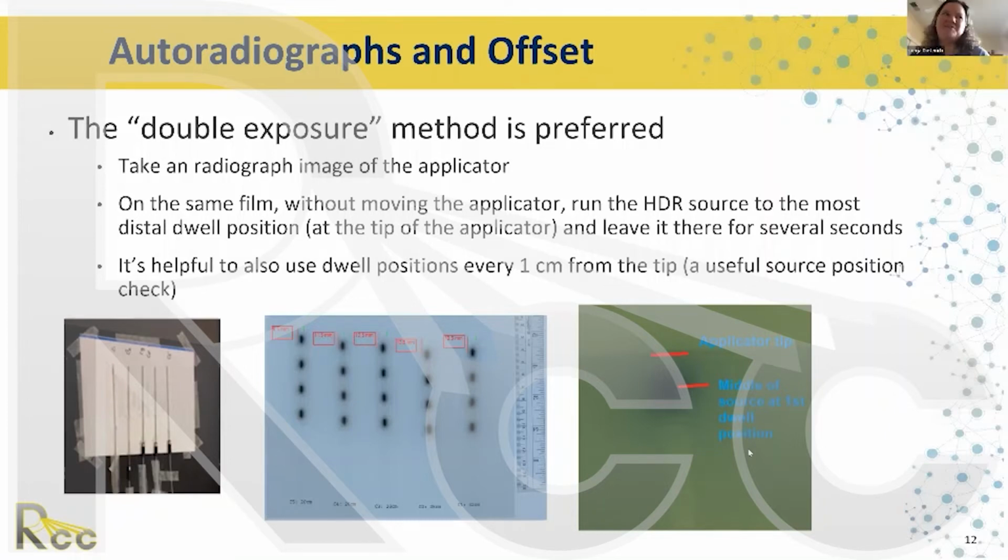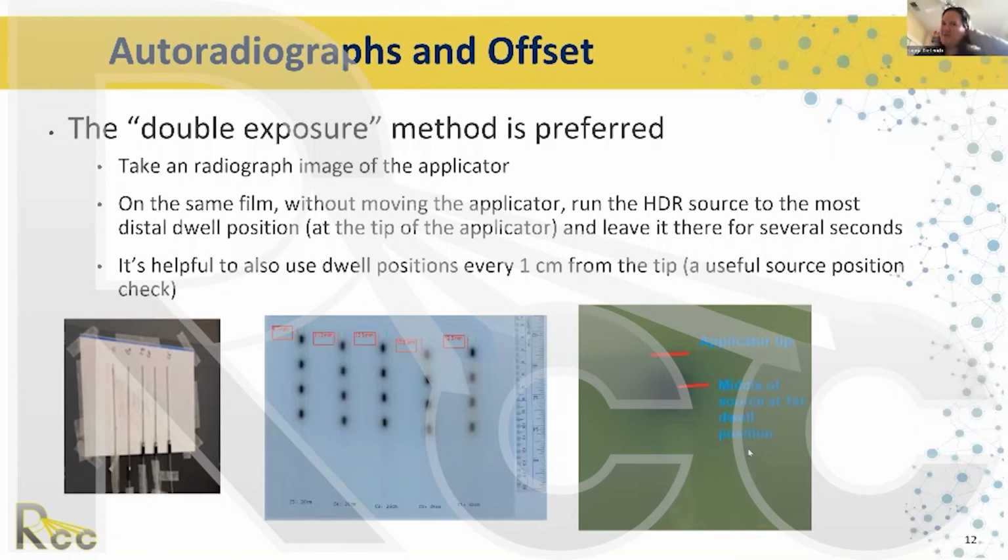I just want to follow up with that. I actually made a mistake with that last year when I got my new applicators with a multi-channel cylinder. I missed that for this particular vendor I was switching to, the offset was different for the central versus the peripheral channels. I planned it in my treatment planning system for the autoradiograph as equidistant, and the films came up a centimeter off.